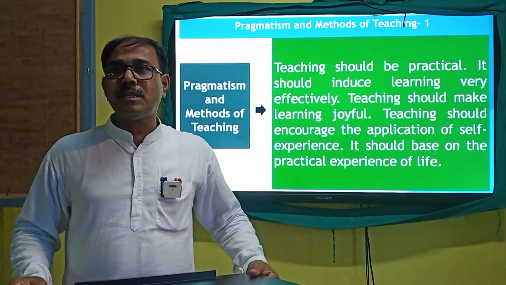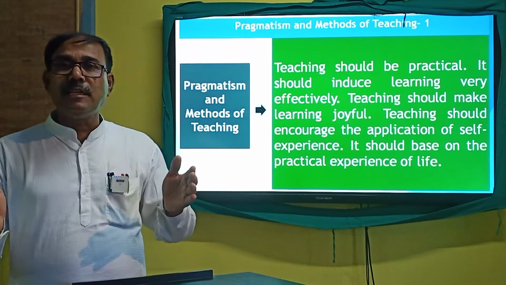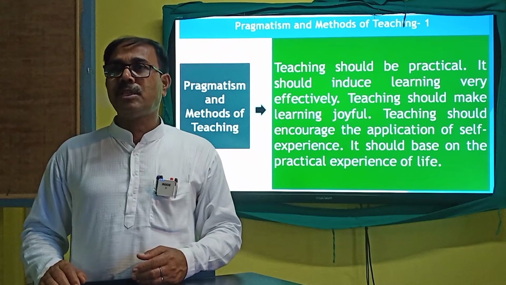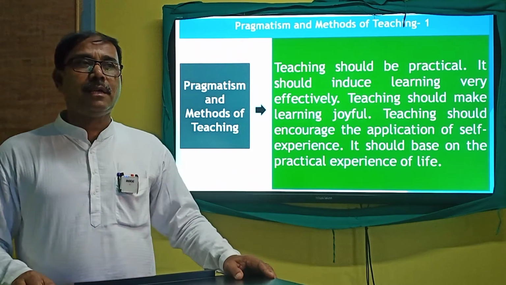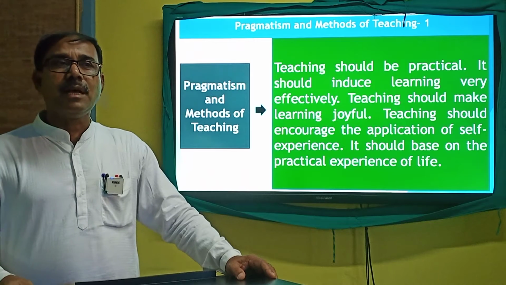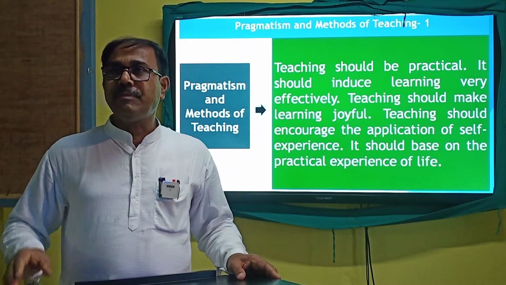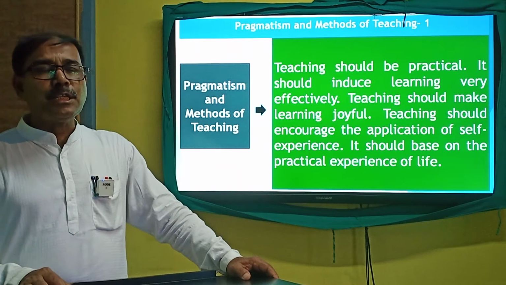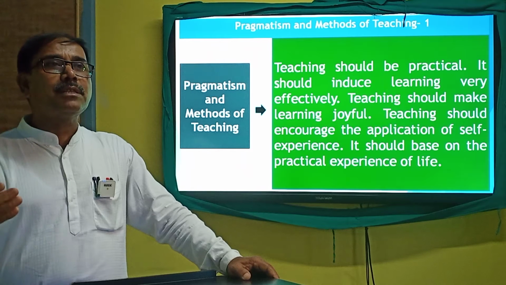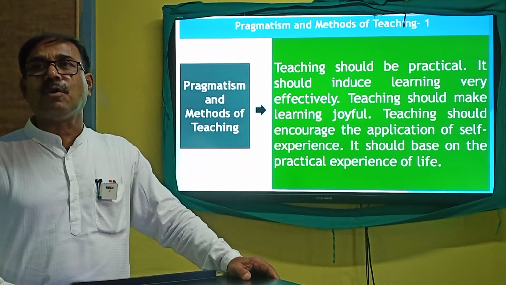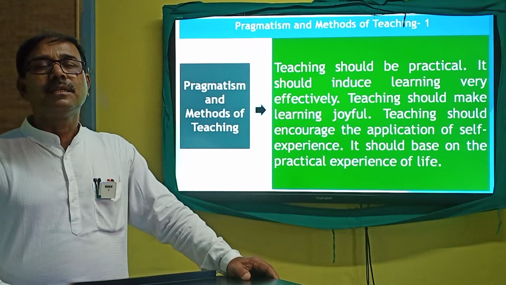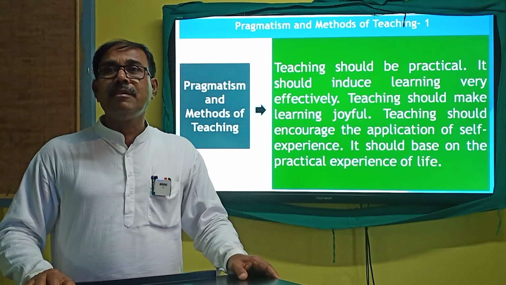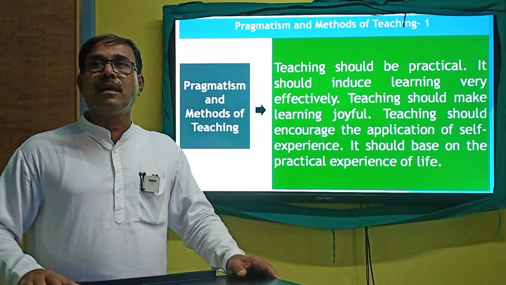The learners should get the chance to take part in the process of teaching, so that teaching becomes much more practical. Instead of delivering a lecture, the teacher should give the learners the chance to put questions, and thenceforth to take part in the process of learning, so that teaching becomes much more practical and learning becomes totally systematic and scientific.